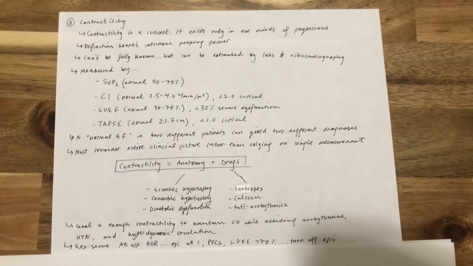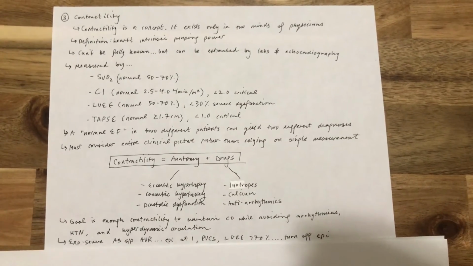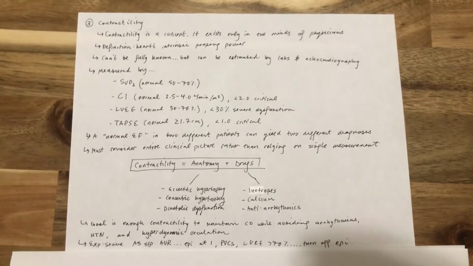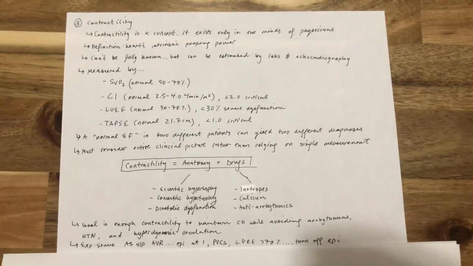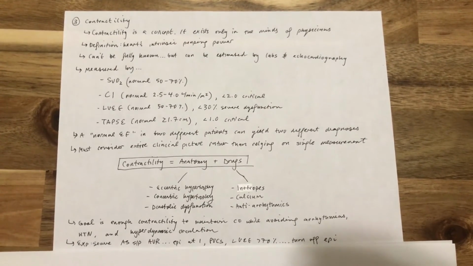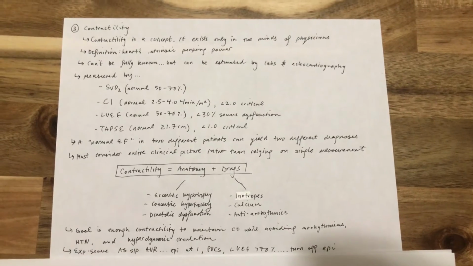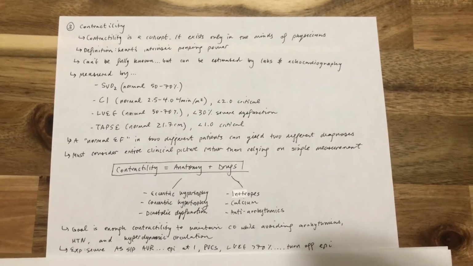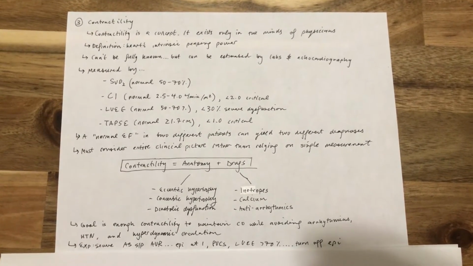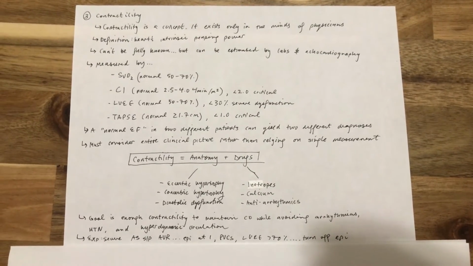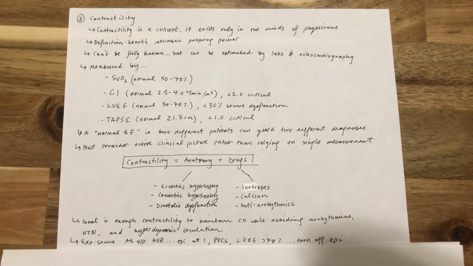So taking all these values into account, just because you have a normal value doesn't mean you have a normally functioning heart. You have to know about the patient's underlying pathology, know what surgery they had, and then understand what challenges they face post-op.